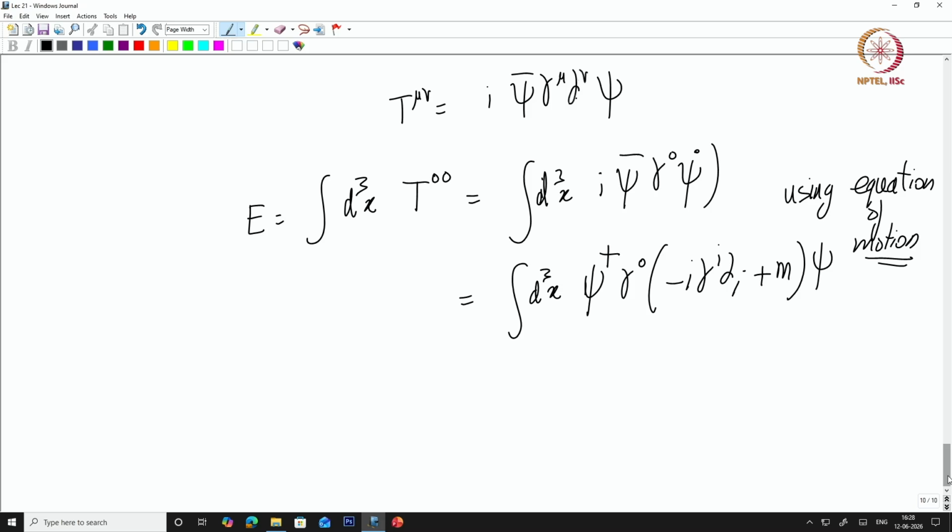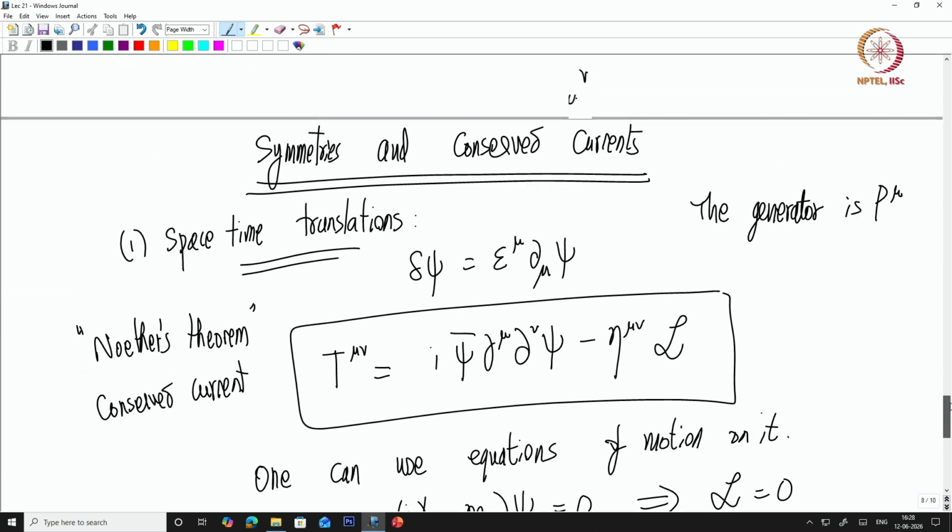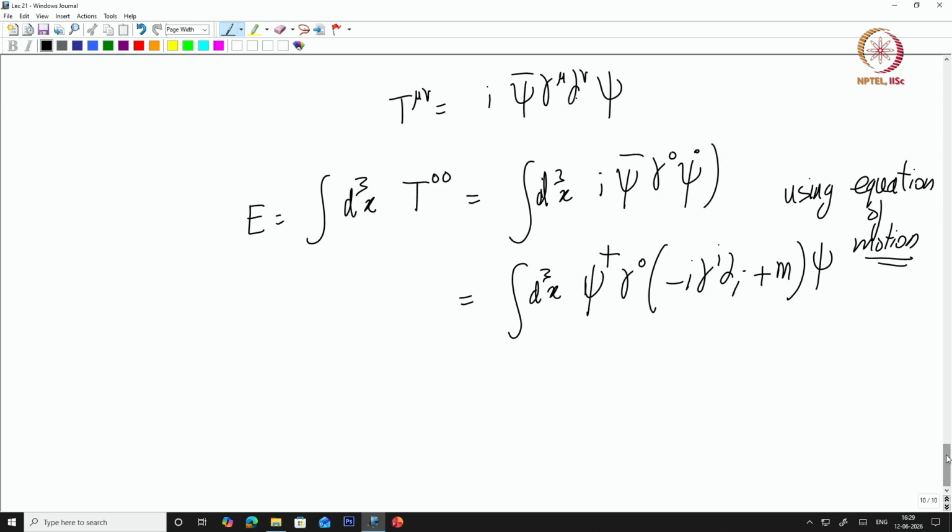Now, you can ask the same question: what happens under Lorentz transformations? Remember, the Poincare transformations are space-time translations, and the second one is Lorentz transformations. This we have already seen a little bit, so I will be a bit fast.